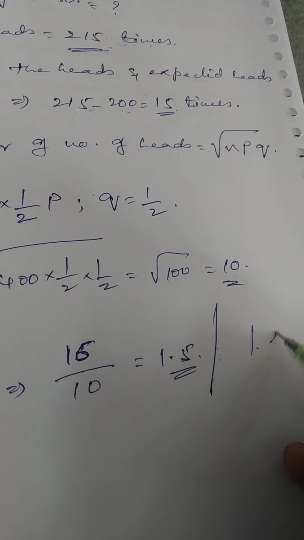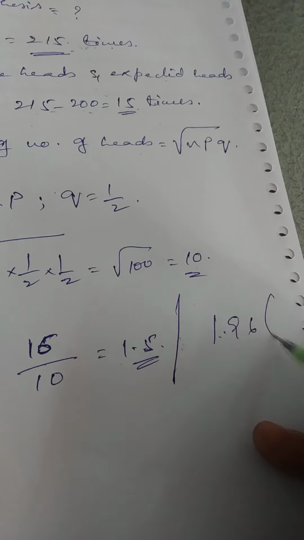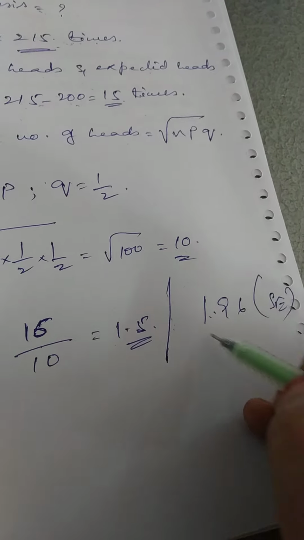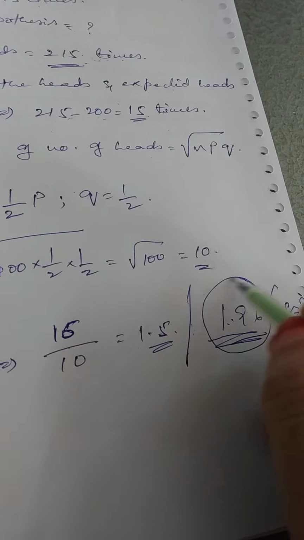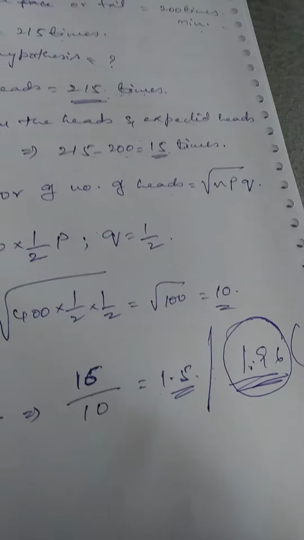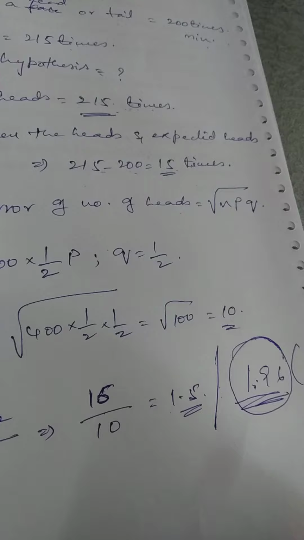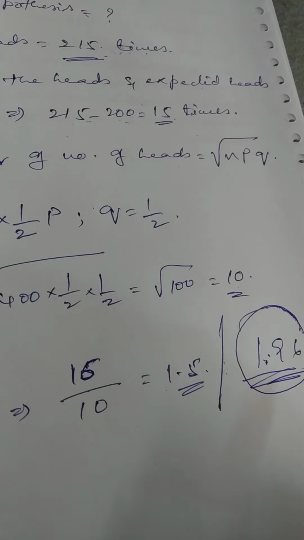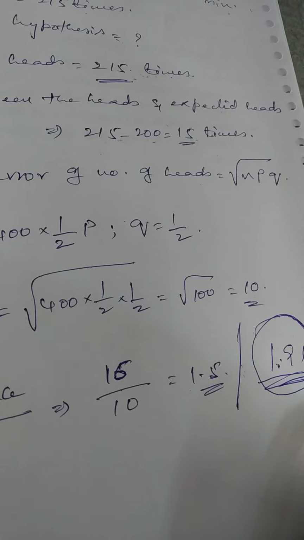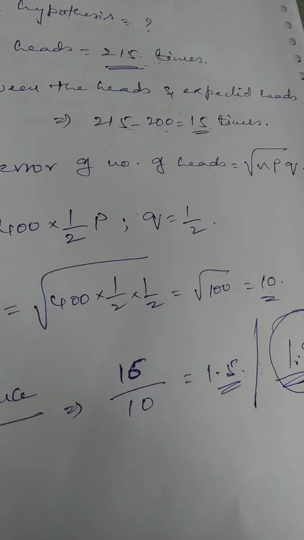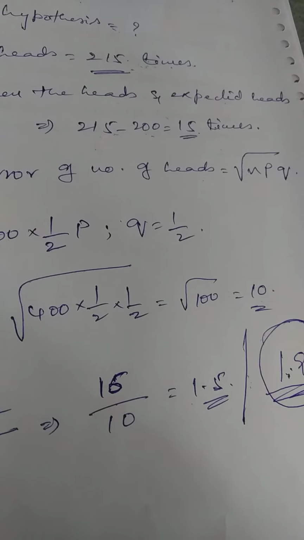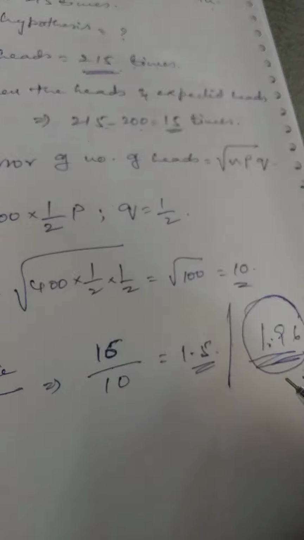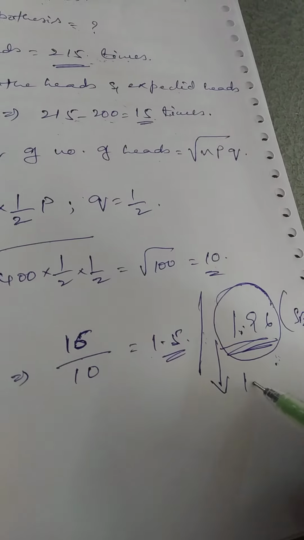1.96 of standard error is the given parameter in the statistical values itself. So 1.96 of standard error means 5% level of significance.